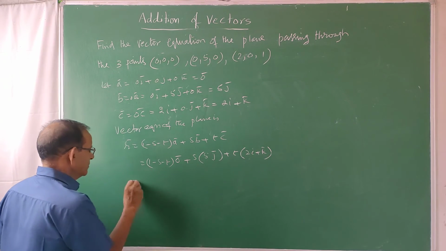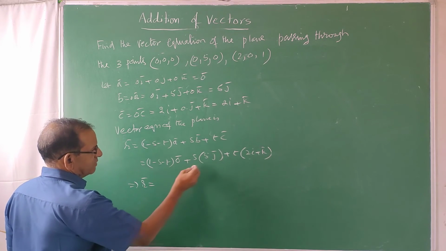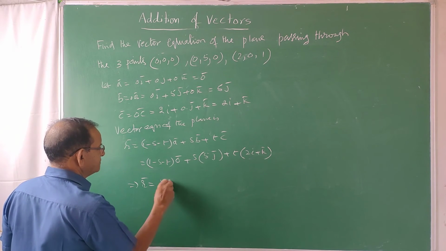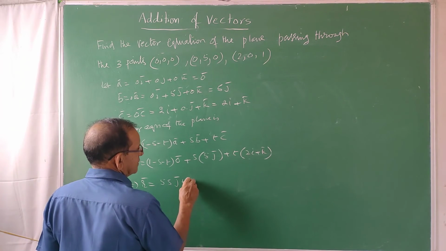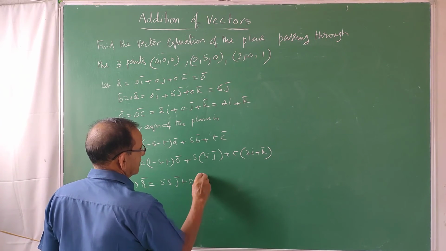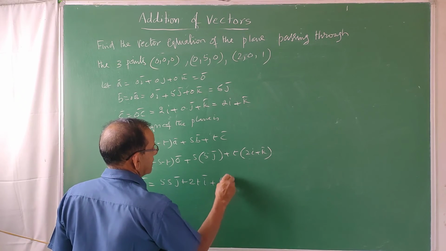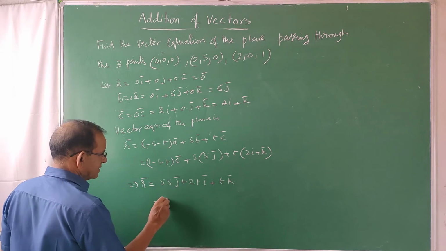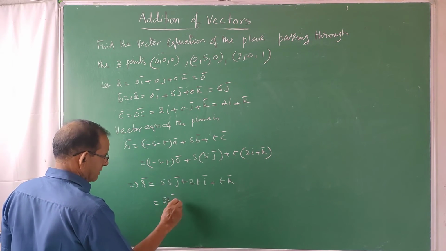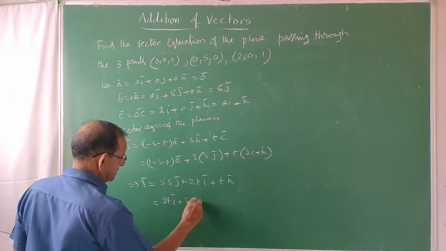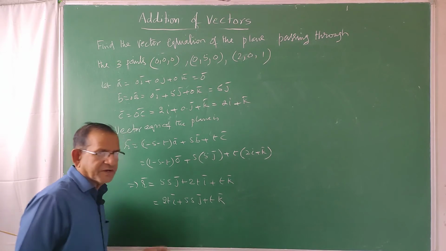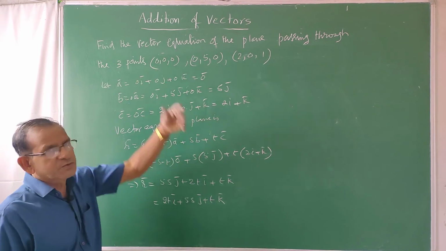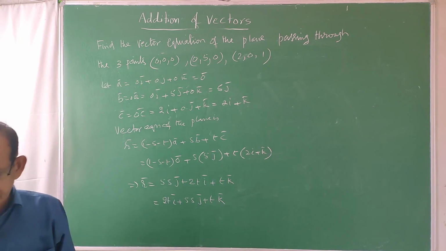So that implies R bar is equal to 0 bar, 5s j bar plus 2t i bar plus tk bar, or else you can write i bar first: 2t i bar plus 5s j bar plus t into k bar. So, this is the vector equation of the plane passing through the 3 given points.